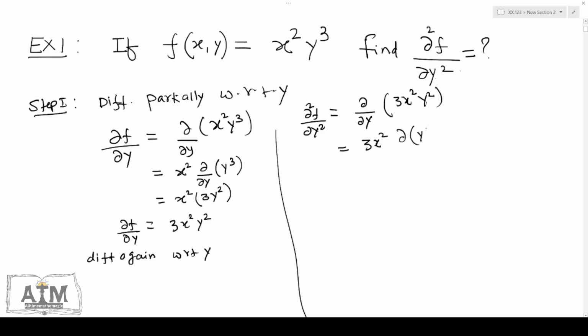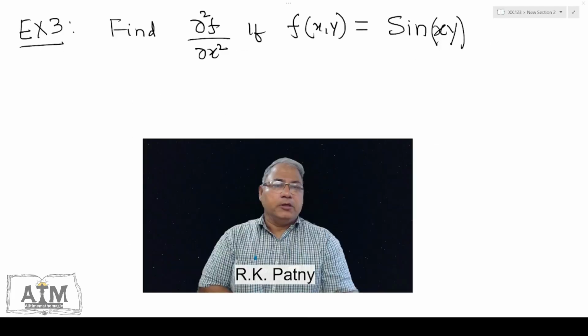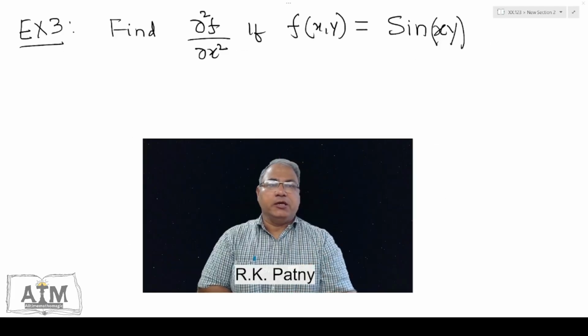Now partial differentiation of y square with respect to y gives 3x square times 2y. So the second order partial differentiation of f with respect to y, that is del 2f by del y2, equals 6x square y. This is the required solution. If the given function is a composite function, then we need to apply the chain rule of partial differentiation.